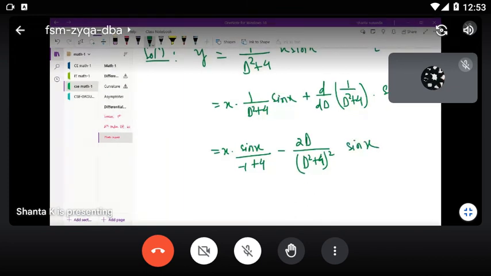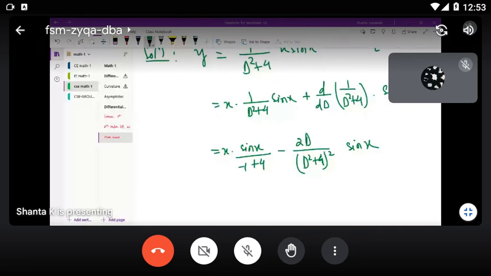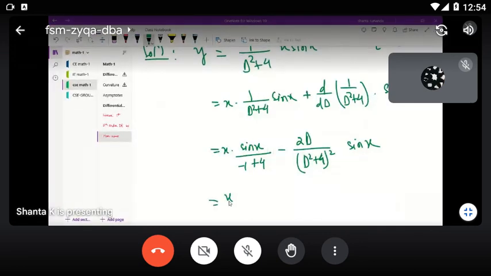Got it? So here this is x by 3 sin x, the first part. And here d square plus 4 whole square, so minus 2d, and we can put d square as minus a square, so minus 1 plus 4 whole square, into sin x.